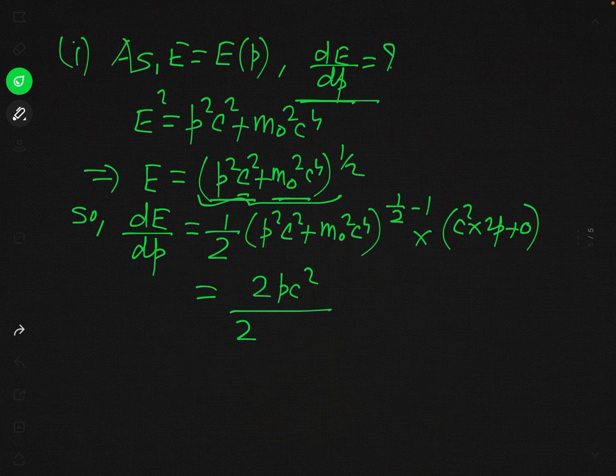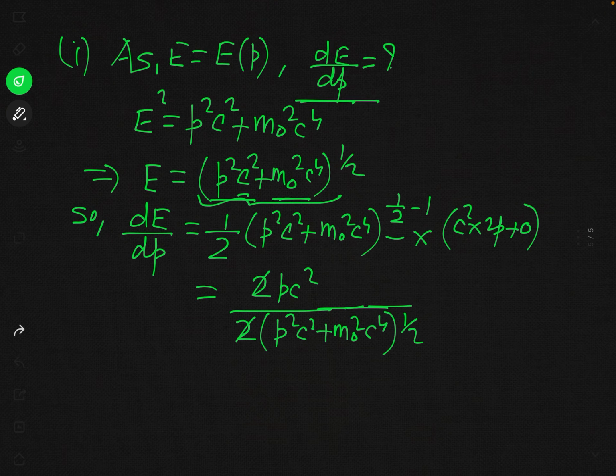So what is this? You can see this is in fact 2pc square divided by 2 times P square C square plus m naught square C4 to the power half, because here actually the power will be minus half in numerator, and when you take this term in denominator, then this power will become positive.